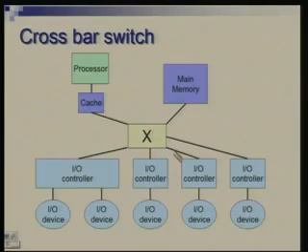Yet another alternative could be to put some sort of exchange, like a telephone exchange, a crossbar switch, to which we connect everything. The responsibility of this box in between is to establish connections.